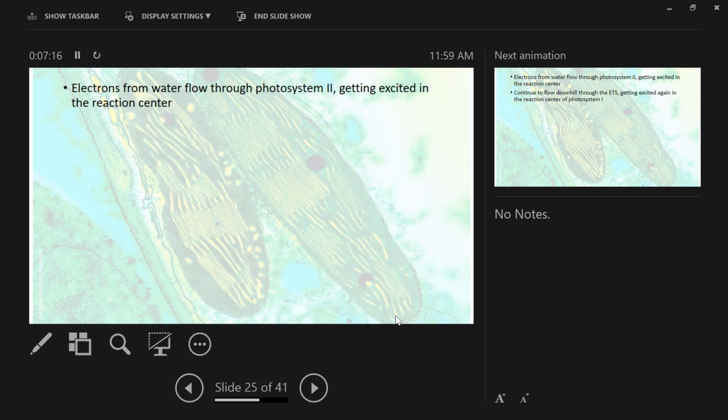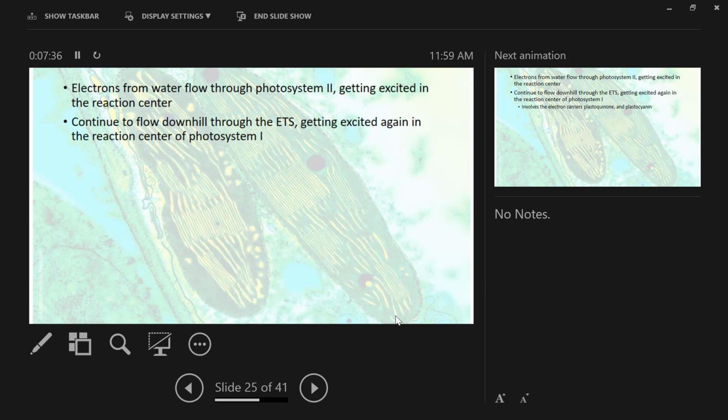Remember, the electrons for photosystem 2 are coming from water. And again, they're going to get excited in this reaction center where you've got the specialized chlorophyll A. In photosystem 2, it's going to take light with a wavelength of 680 nanometers, use that light to strip the electrons away from water and send them to a primary electron acceptor.